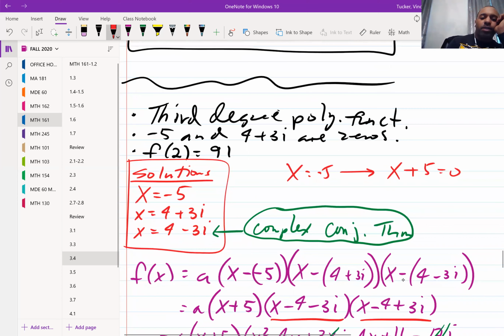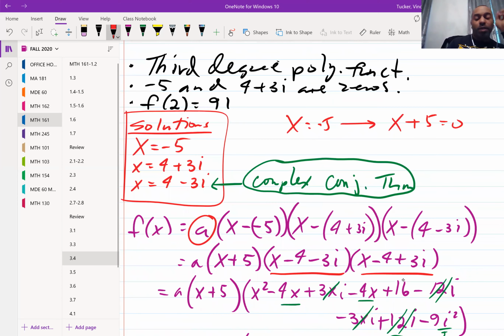And don't forget, a is going to sit in front of that. Remember, we need to put an a in front to account for a possible term or possible number that's sitting in front. Now, negative to negative turns positive here.